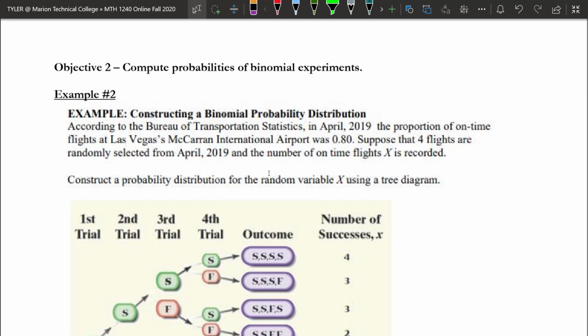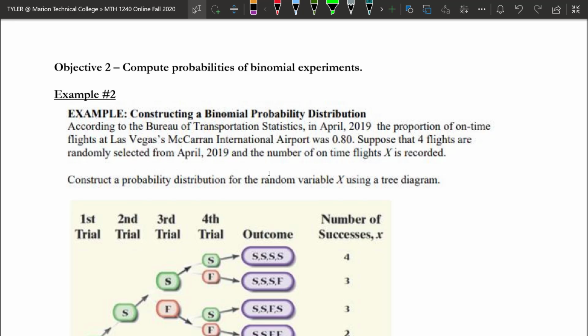All right, so example 2, this is an exercise to help us kind of see where the equation for calculating a binomial probability comes from, right? So there's an example similar to this in the textbook as well.